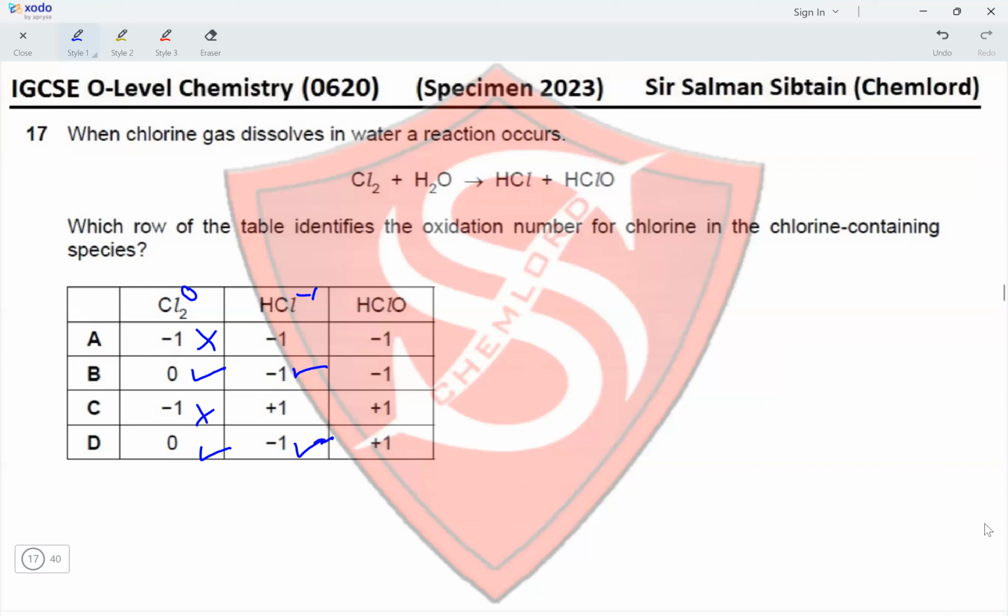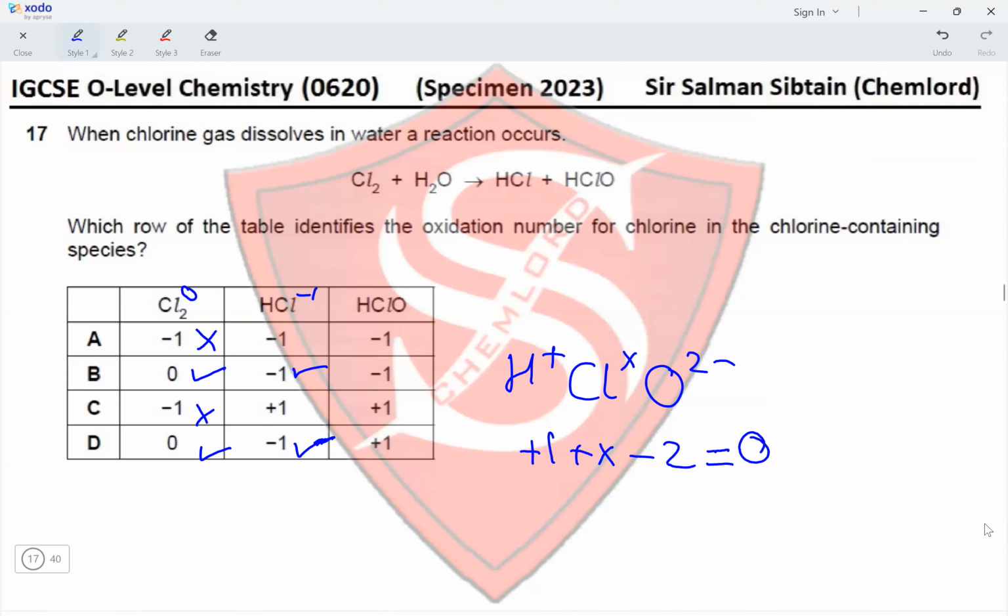Now in HClO, we've got H positive ion, we've got Cl with an unknown charge, and we've got an oxide ion with a 2 negative charge. So the algebraic equation will be +1 plus x minus 2 equals 0. Let's solve for x.